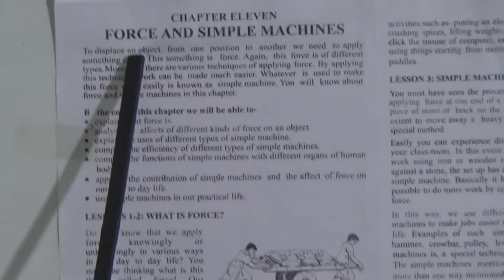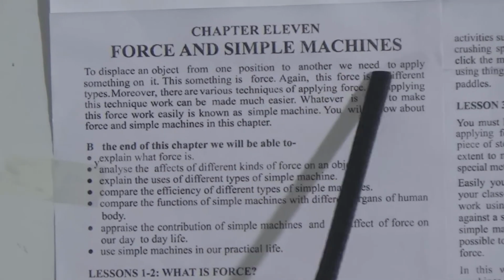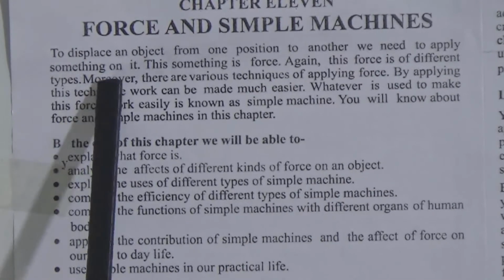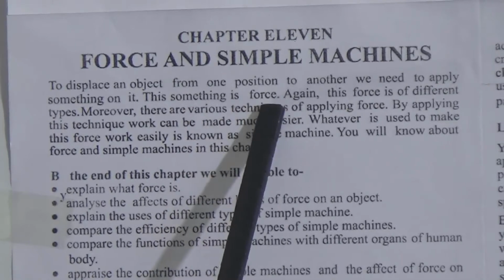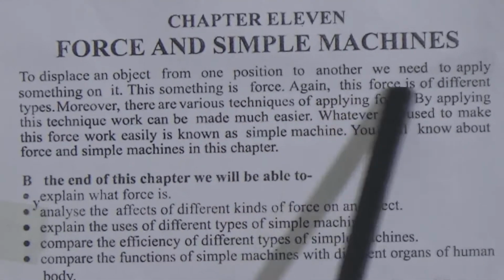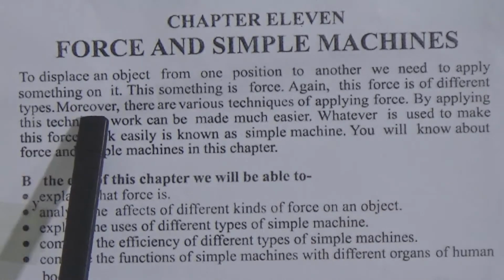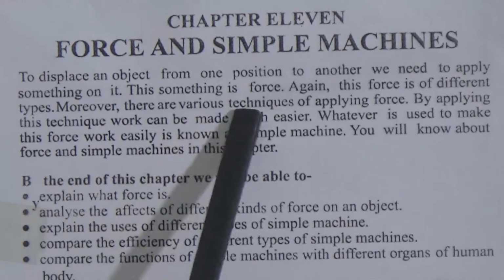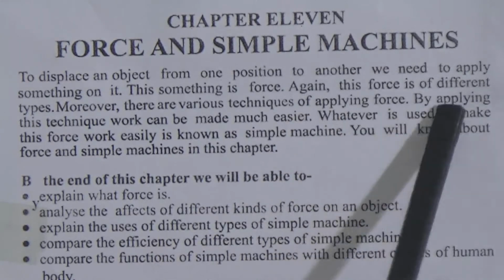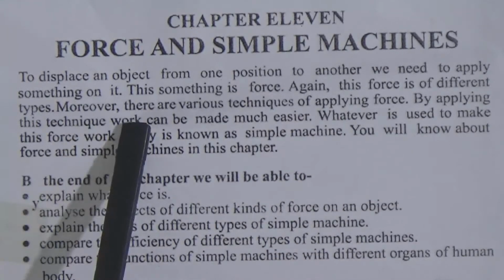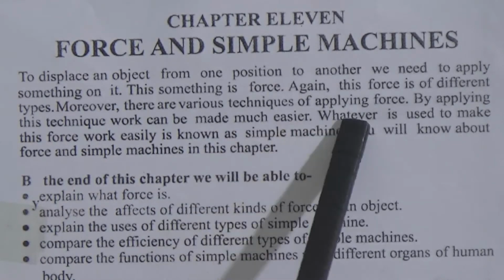To displace an object from one position to another, we need to apply something on it. This something is force. Again, this force is of different types. Moreover, there are various techniques of applying force. By applying this technique, work can be made much easier.